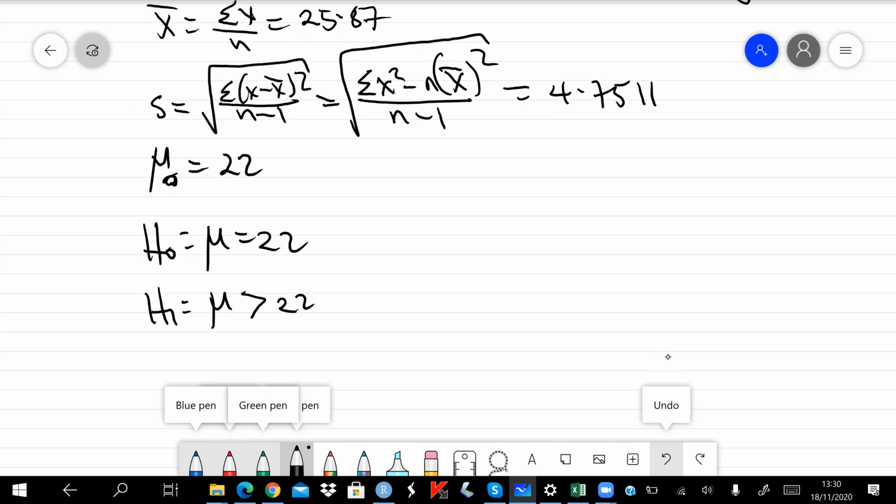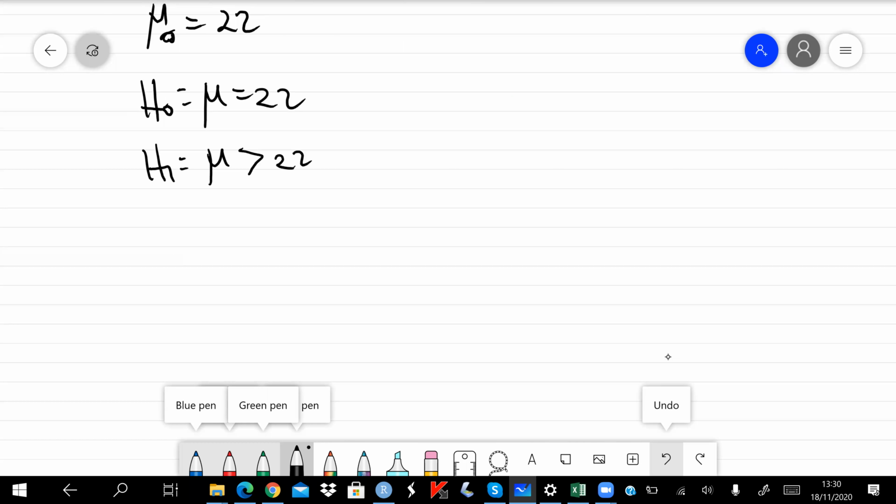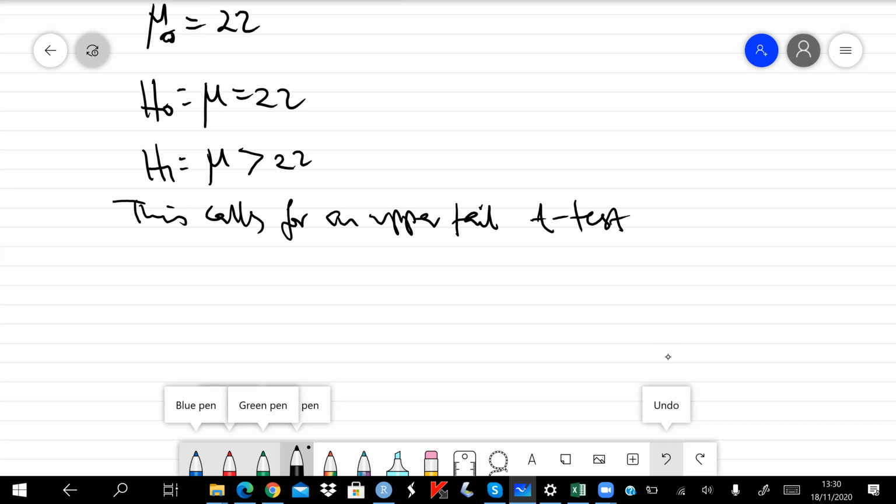With the above assumption, this calls for an upper tail t-test at degrees of freedom equals n minus 1, which is 9, and alpha is 5%, because we are taught to use alpha is 5%.